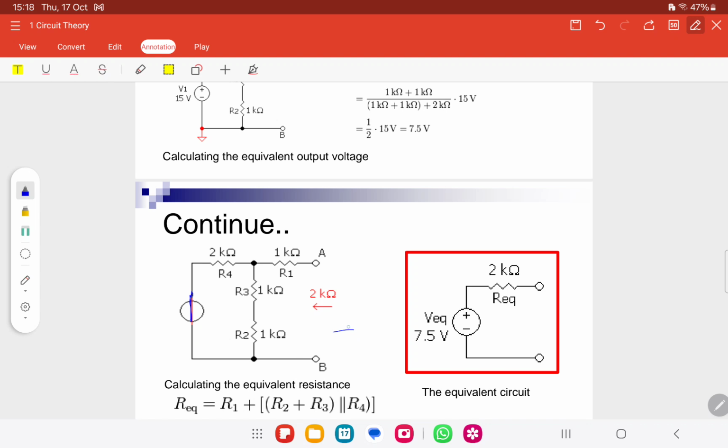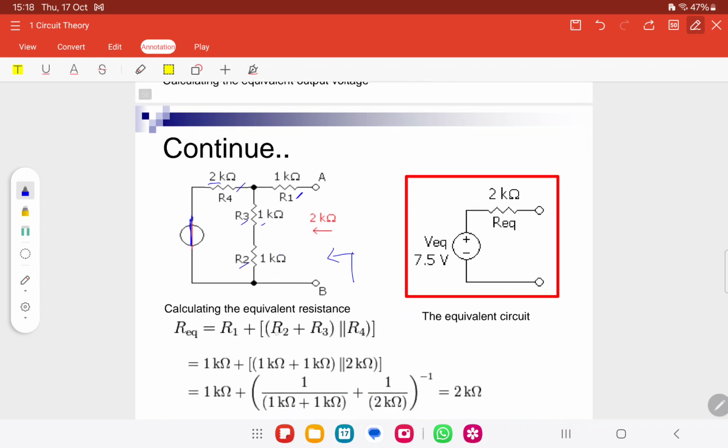Untuk cari the RTH, bila kita short 2, R3 dengan R2 is series, so boleh tambah je kan. Lepas tu parallel with R4. Lepas tu series with R1.